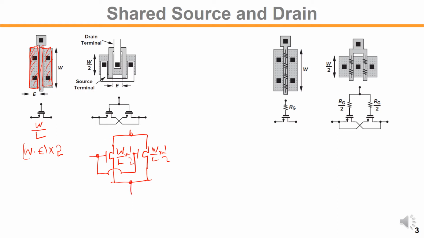Then it is the same as the left hand side electrically. So we have drawn the W size in 2 fingers. So this is a single finger drawing, this is double finger drawing.